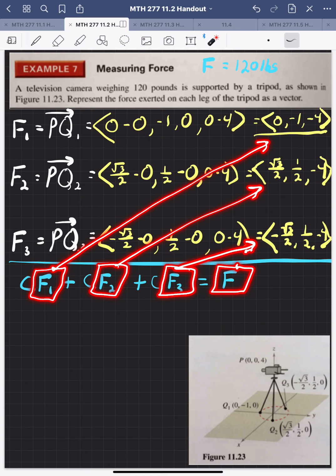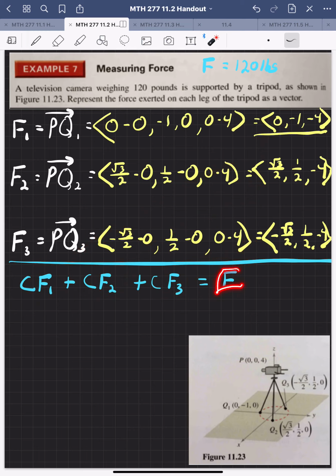Well, you might think, I'll just say it's equal to 120, and I like where you're going with that, but a force is a vector, so we need to represent F as a vector. How would you represent F as a vector? Because that 120 is important, but how do we think about it?